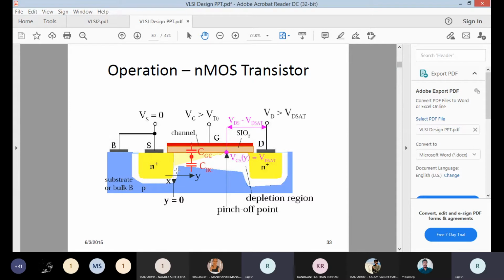But when you operate above VD sat, the channel ceases to exist, and the current is a constant current. That is called diffusion current, which happens due to movement of carriers due to concentration gradient.